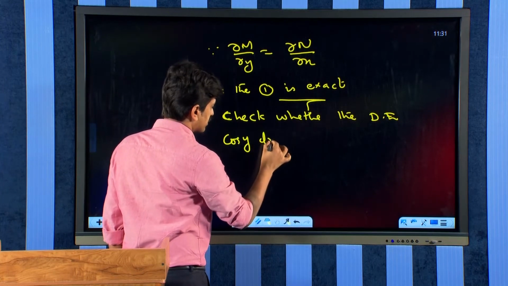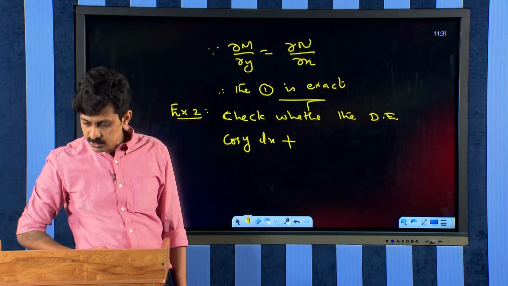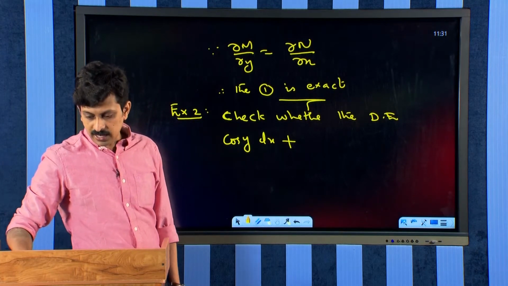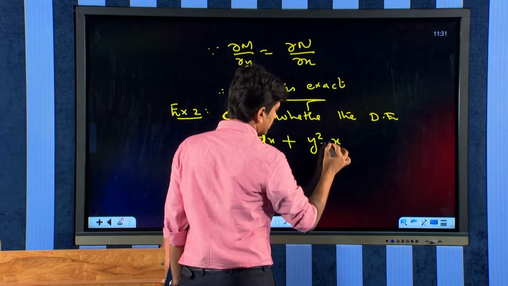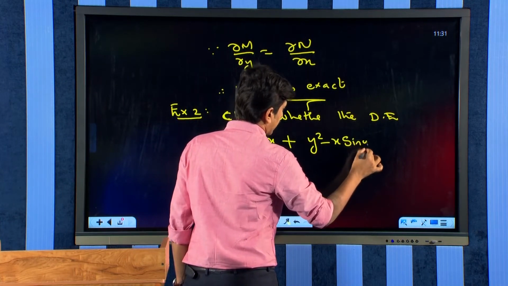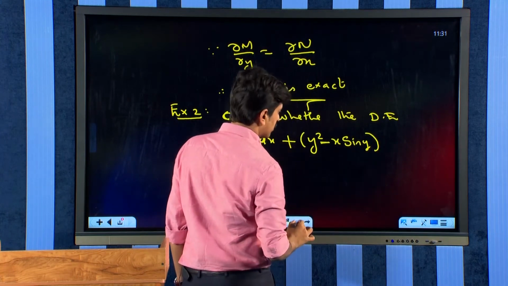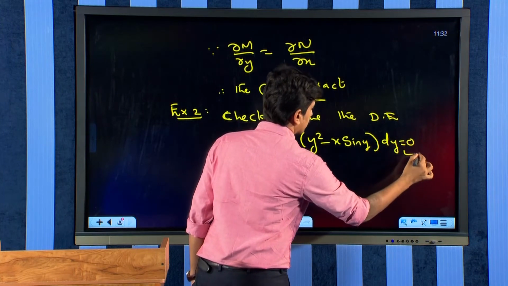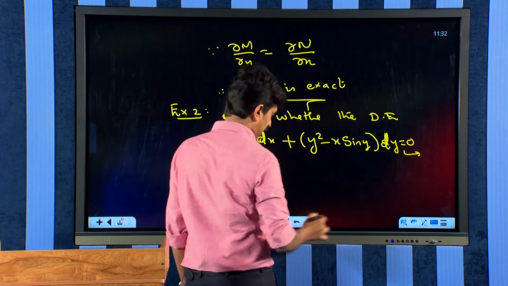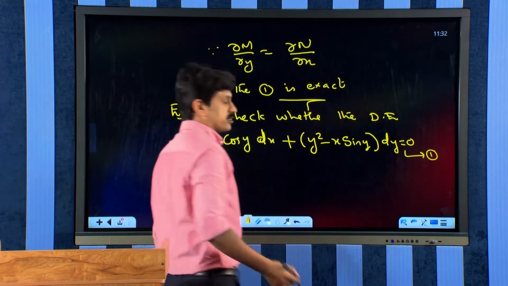plus (y² − x sin y) dy = 0 is exact or not.